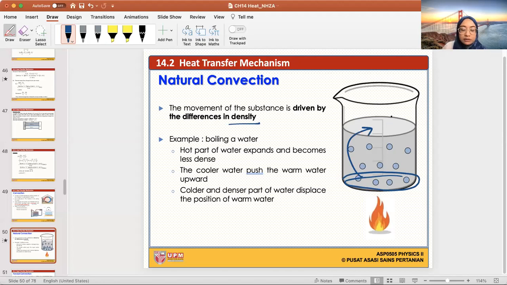When it rises, the cold water from the top goes down to be heated. Then when that is heated, it goes up, and the cold water goes down, gets heated, and goes back up again. This process is continuous as long as there is a difference in density.